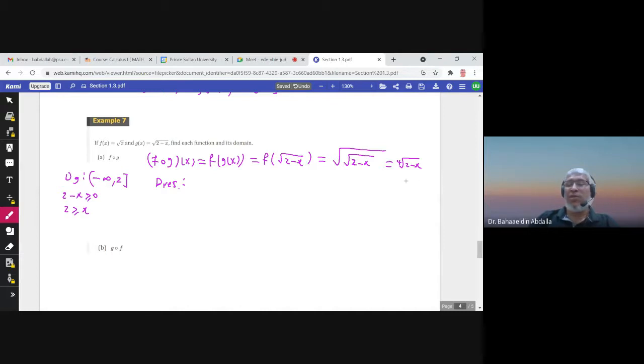The domain of the fourth root is exactly the same as the domain of the square root. 2 minus x should be positive. So it will give you the same domain. Okay, so it's again from negative infinity to 2. Their intersection would be the same. So the domain of f circle g is from negative infinity to 2, closed at 2.